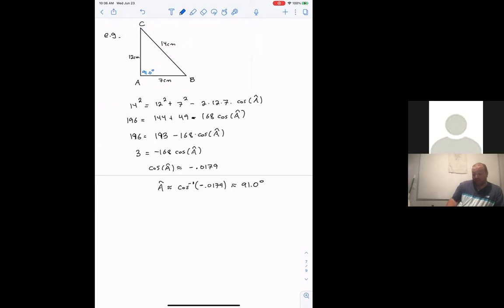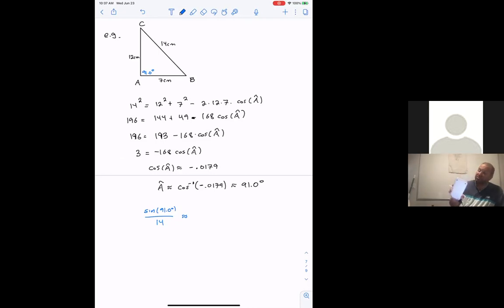So now I need B hat or C hat, but I don't need to use the law of cosines again. I could, but now that I have one angle, I can now use the law of sines. The law of sines, I need an angle side pair, which I have. So if I want angle B, I want an angle, so I'll have angles on top. Sine of 91.0 degrees over 14 is approximately, because 91 degrees is only an approximation, right?